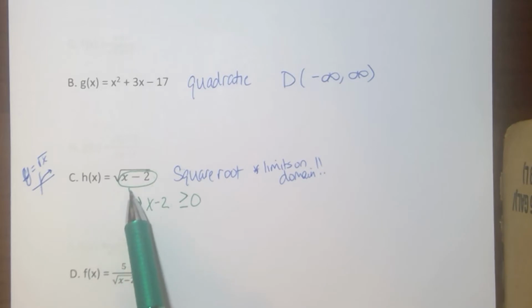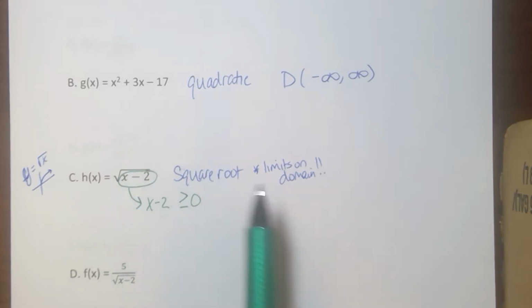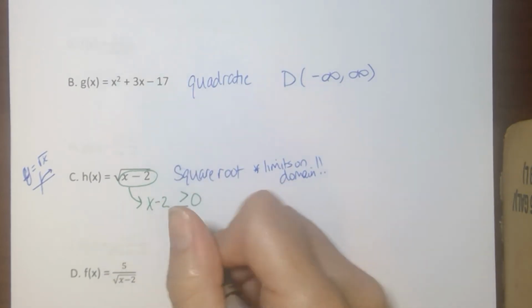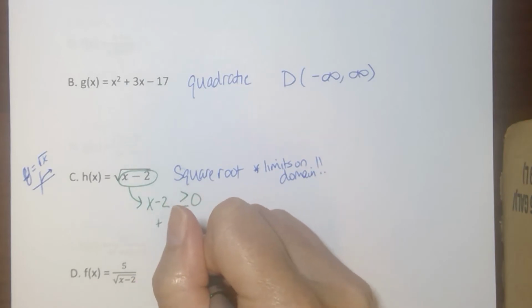Square root of 0 is 0. That's fine. Square root of any positive value is a real number. That's fine. What I don't want is for that expression to simplify and be less than 0. So this is the inequality I need to focus on. Now I solve an inequality just like I would solve an equation, with one exception.